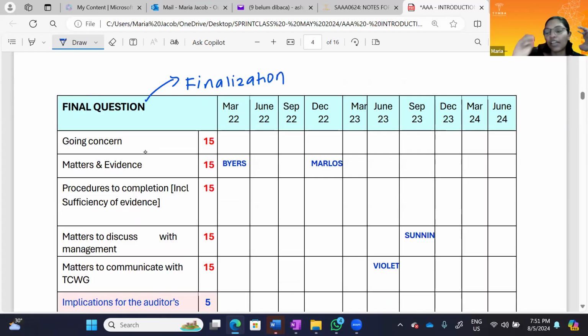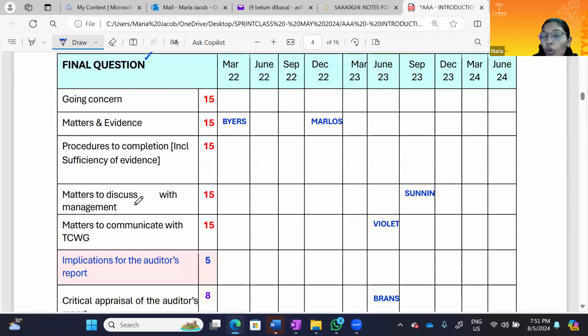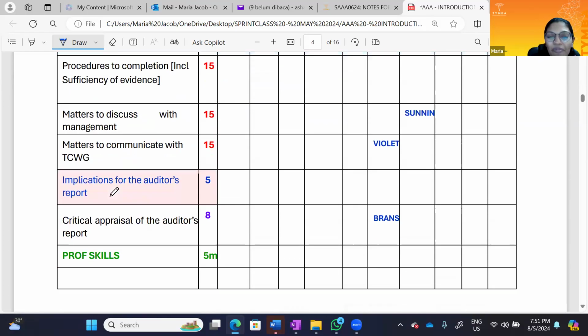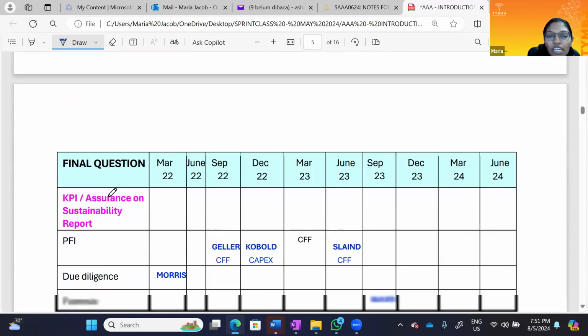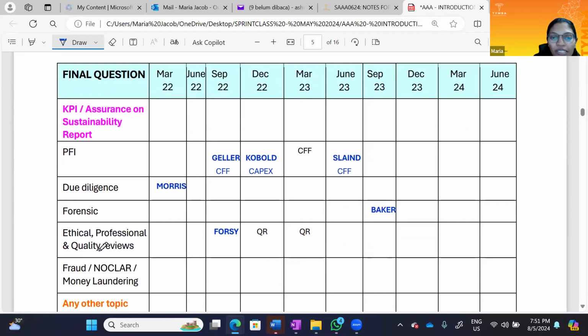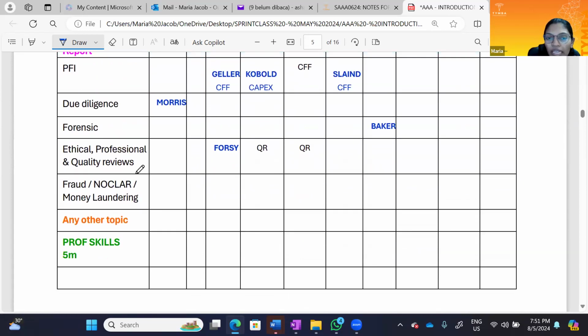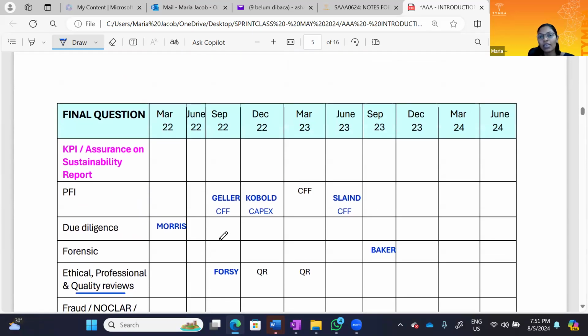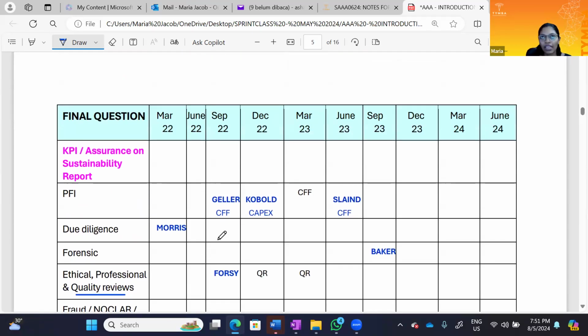Any of these areas can be examined in your question 2. Now your question 3 can be any part of the syllabus, which includes non-audit services. In the past you have a number of non-audit services there for you to see, and you also can get questions on quality review, fraud, no-CLA, money laundering, any other topic. This one is a little bit difficult to say, because the examiner doesn't tell us where they're going to test, except for those 2 questions.